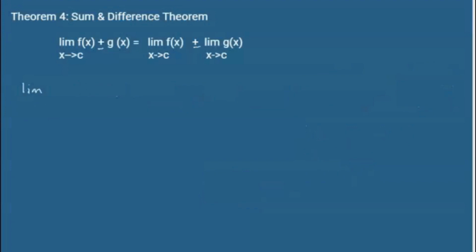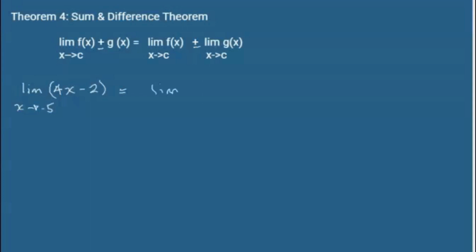Let's have another example, but this time using difference. So let's have the limit of 4x minus 2 as x approaches negative 5. So again, we can break this down into two limits.